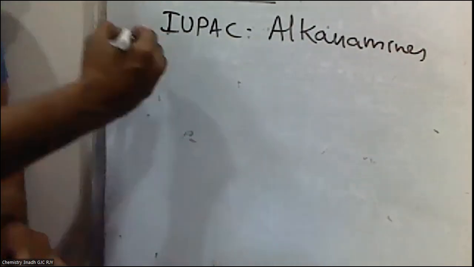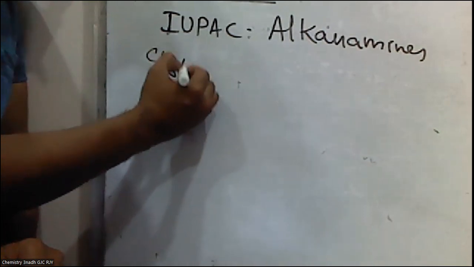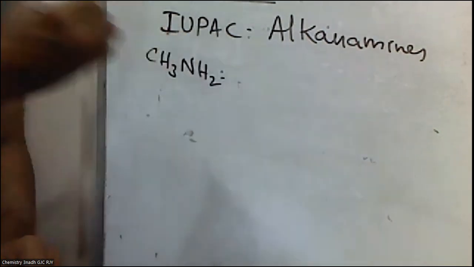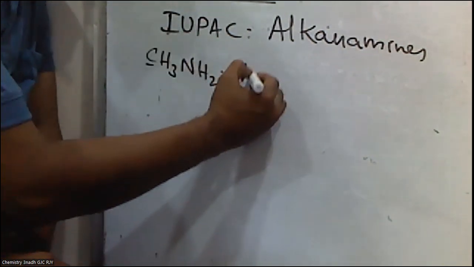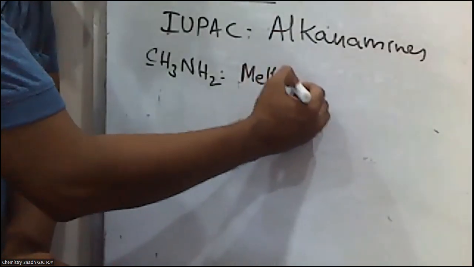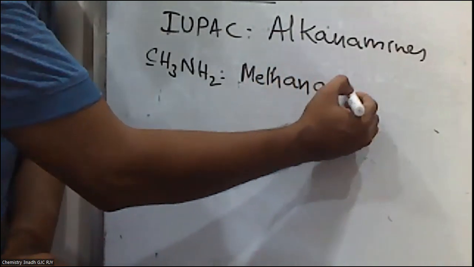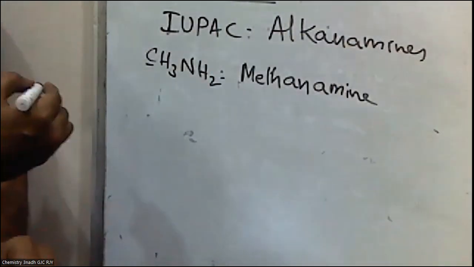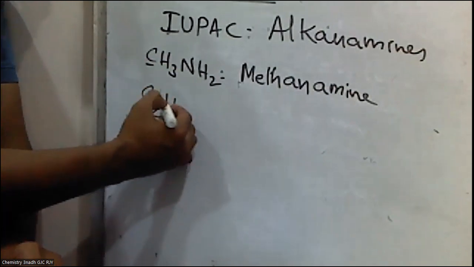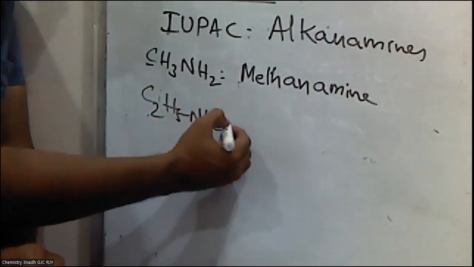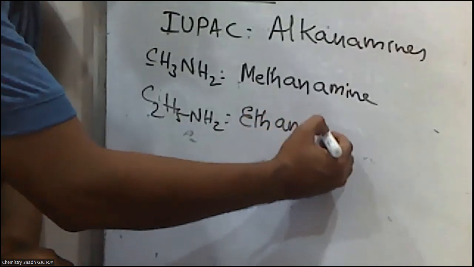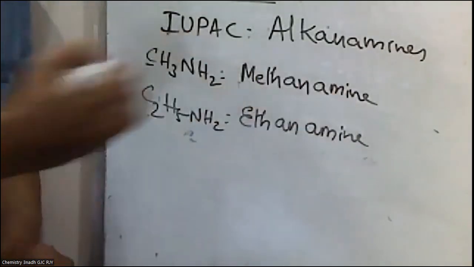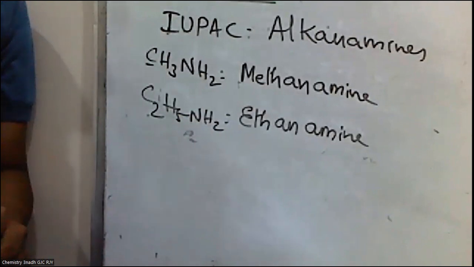For example, if you take CH3NH2, one carbon is there, so the root word is meth, saturated ane, and amine: methanamine. For example, C2H5NH2, two carbons are there: eth, ane, amine, ethanamine.